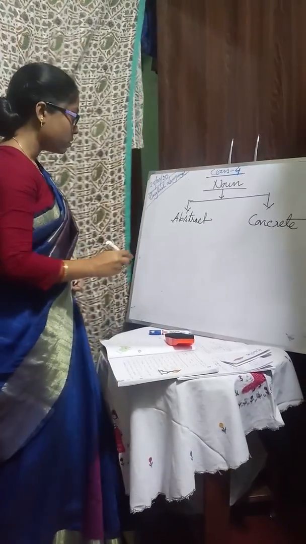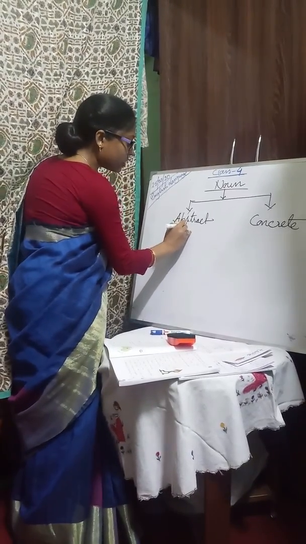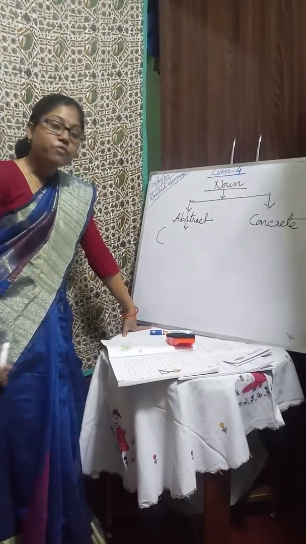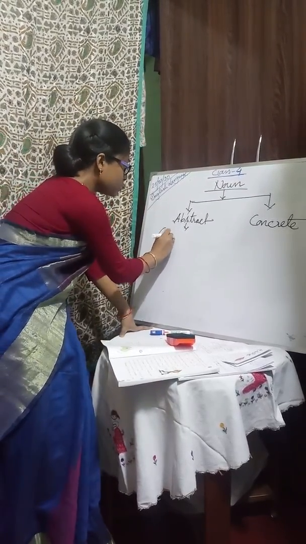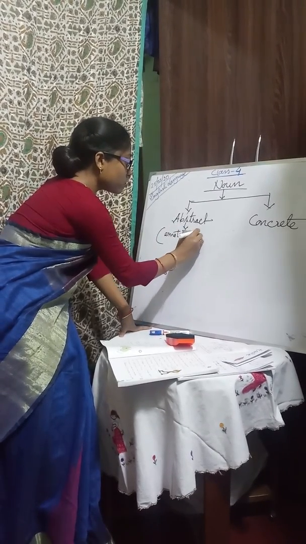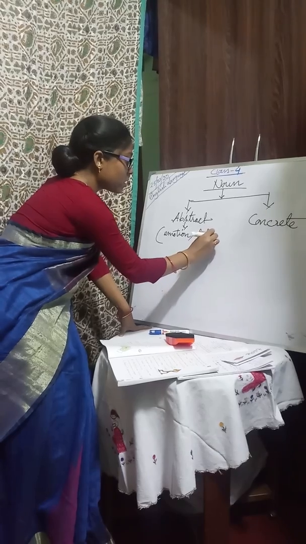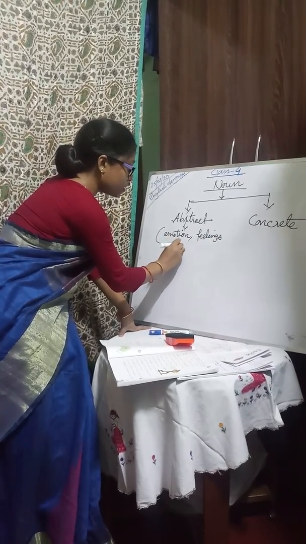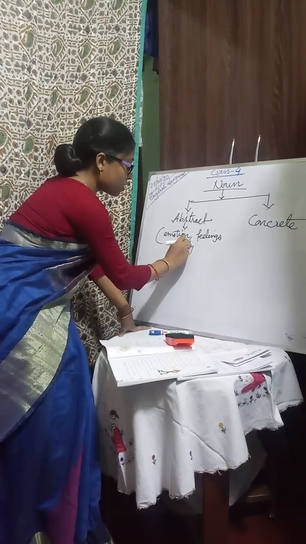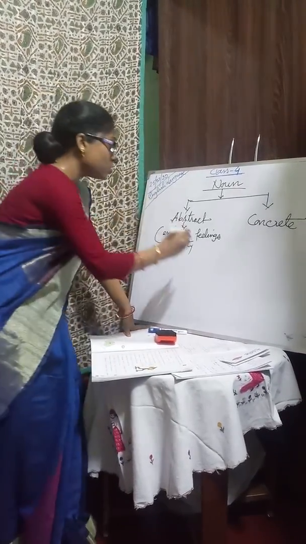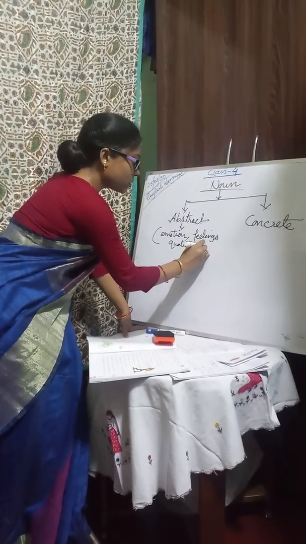In short, we can write under abstract noun that an emotion, a feeling, a quality, all these are related with abstract. Liberty, anger also come under this.